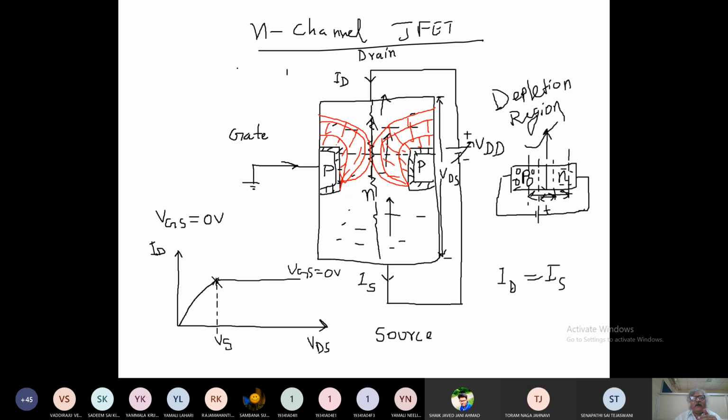Gate current IG is 0 in case of JFET because the gate terminal is connected as reverse bias.